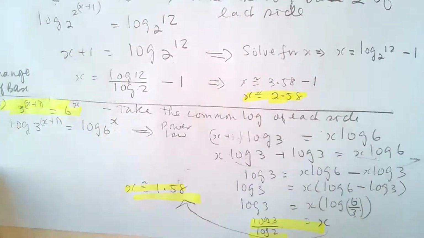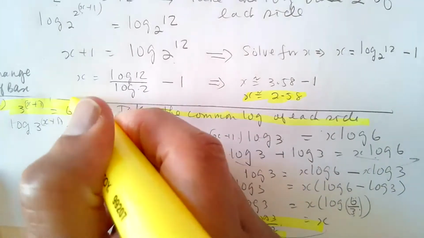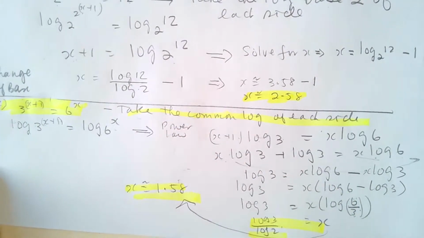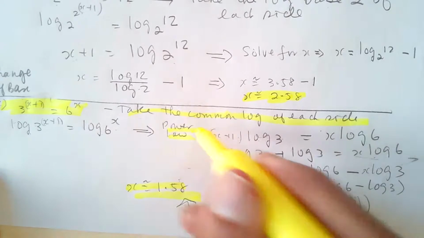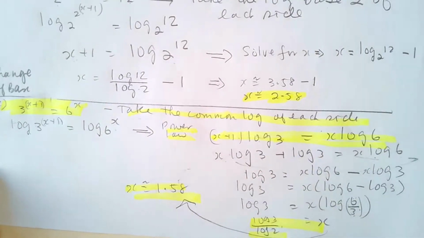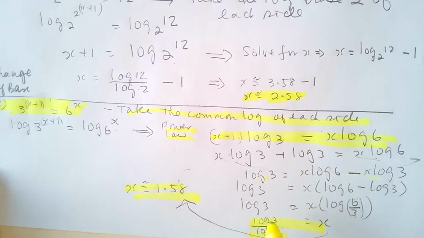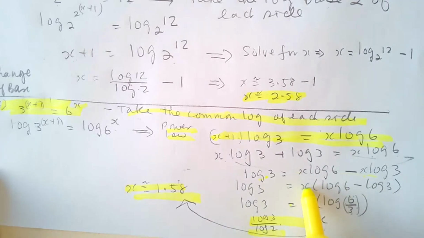So the final question, first of all, we take the common log of each side because we have to the power x. Then we use our power law to simplify. Next, we collect like terms and remove x as a common factor here.